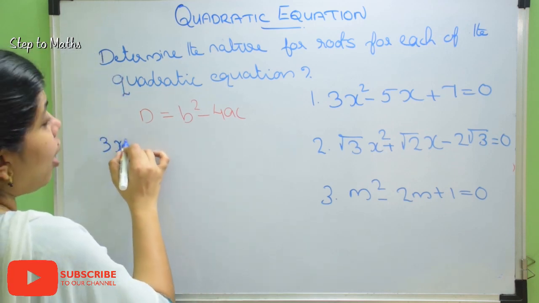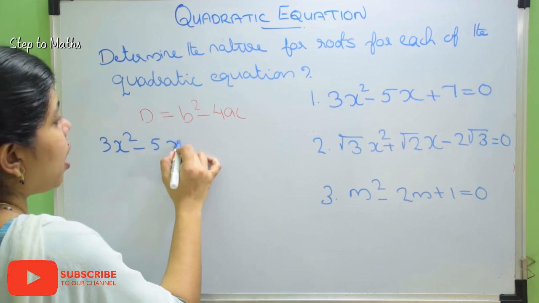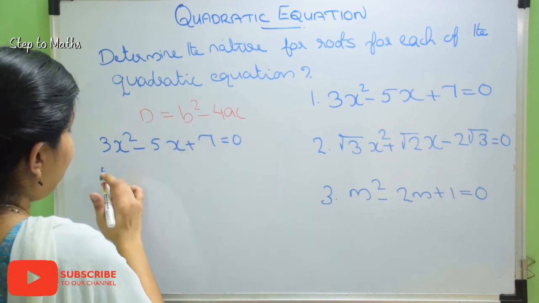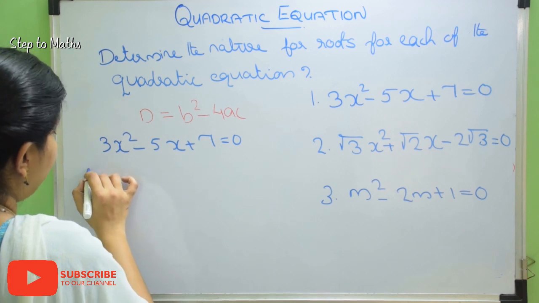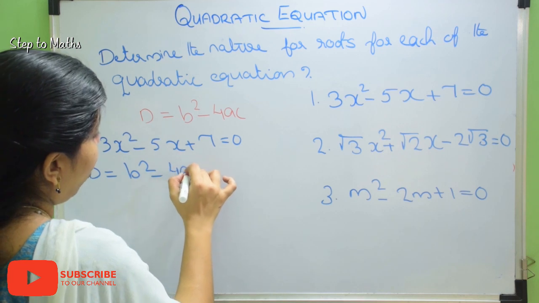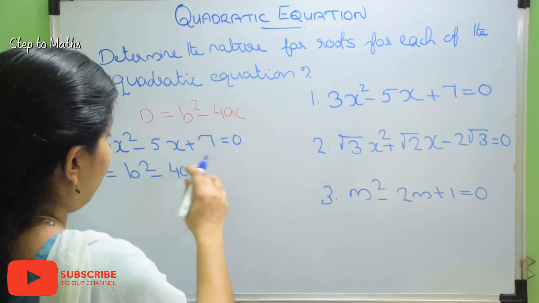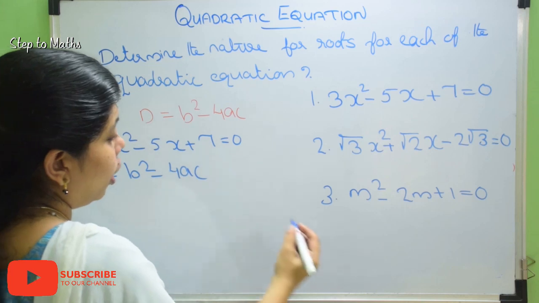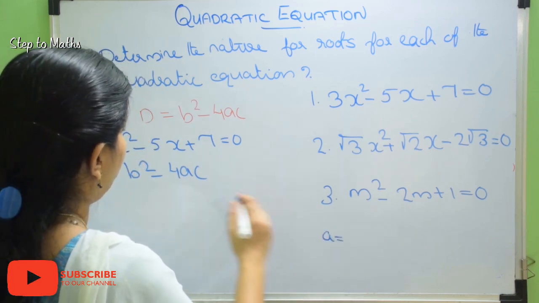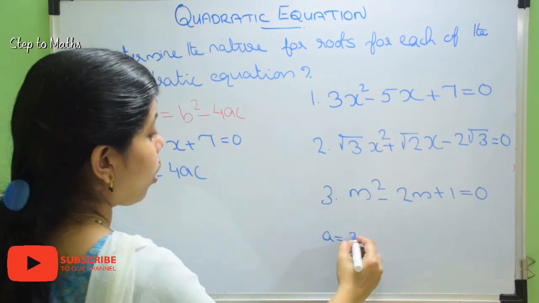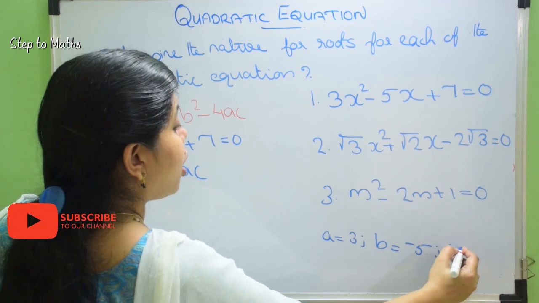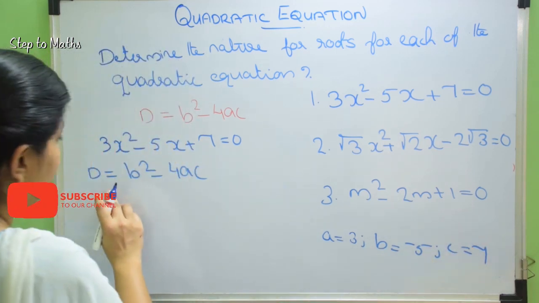3x square minus 5x plus 7 equal to 0. Find the value of its discriminant. D equal to b square minus 4ac. Write down the values of its coefficients: a equal to 3, b equal to minus 5 and c equal to 7.